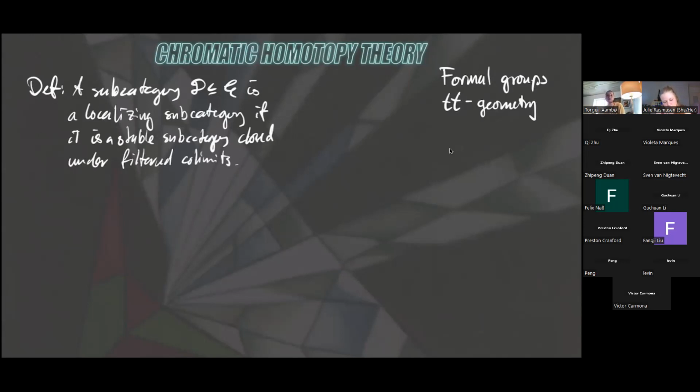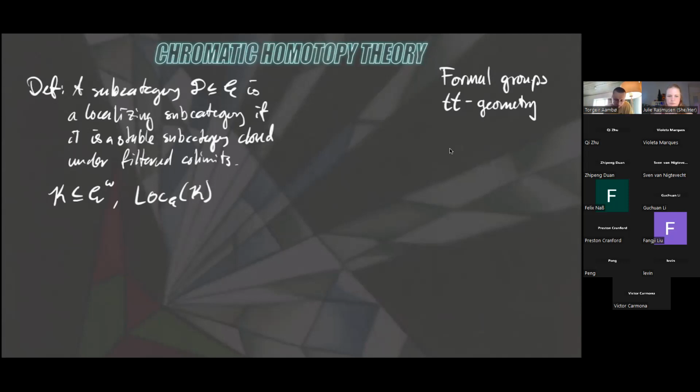So it's just some very nice way to take a kind of smaller version of the same category, with some kind of information inherited. Okay, so we can take a set of compact objects. If I have a set K of compact objects in C, then I can generate a localizing subcategory, which is just the smallest localizing subcategory containing the compact objects K.